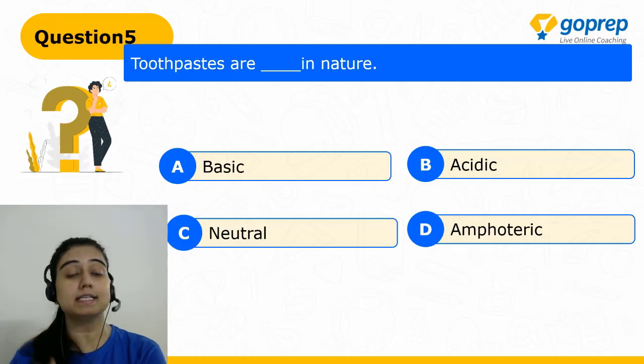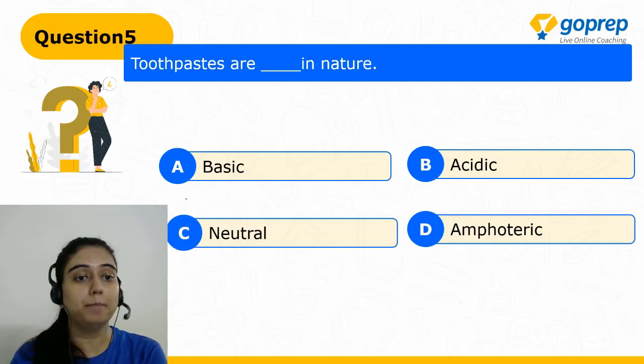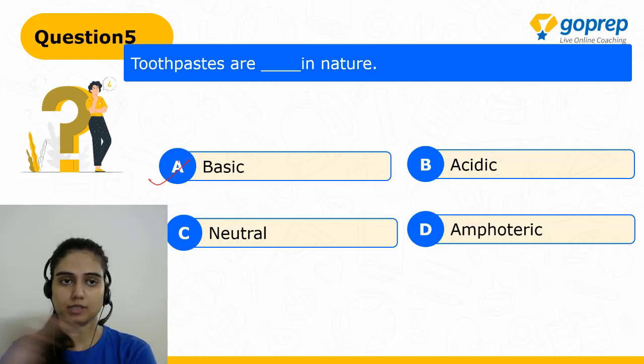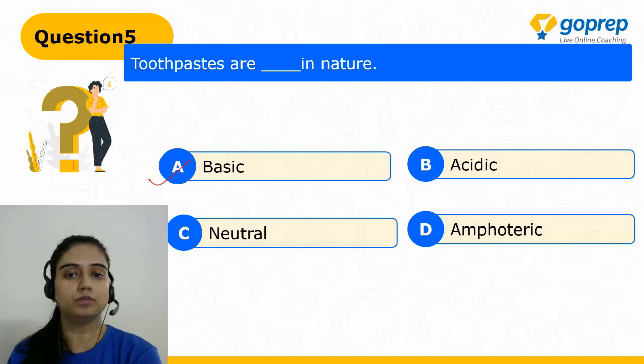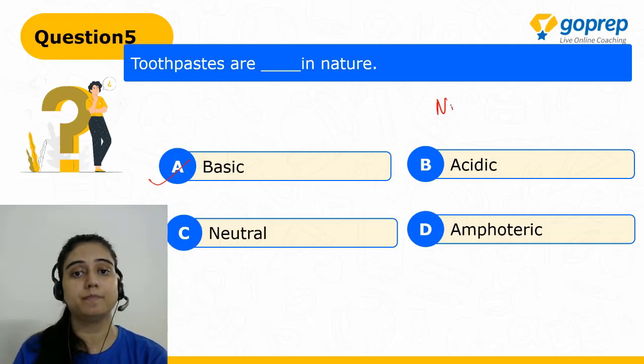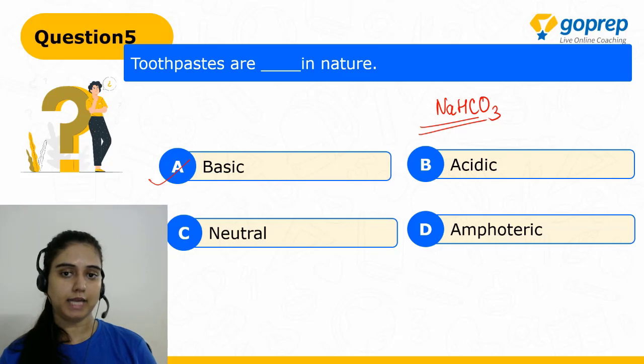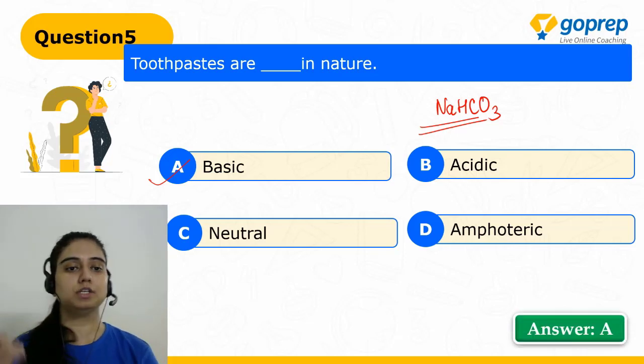So to remove the acidic layer, toothpastes are basic in nature, so that the acid layer can be removed. Generally the main basic ingredient is sodium bicarbonate, right? So this is the main ingredient which toothpastes possess. So the correct answer is option A. Toothpastes are basic in nature.